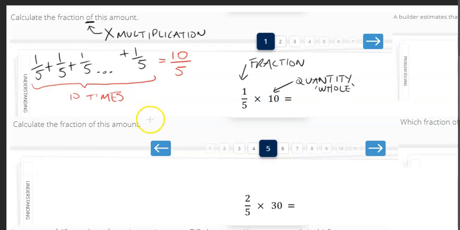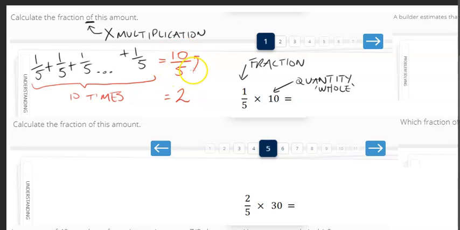But this is a bit of a weird solution when we're talking about calculating a fraction of a quantity, because 1/5 of 10 is 10/5. We can find a better way of answering this because we know how many 5s go into 10. This is 2. This has been written as an improper fraction.